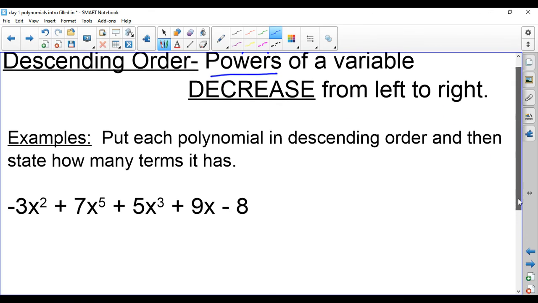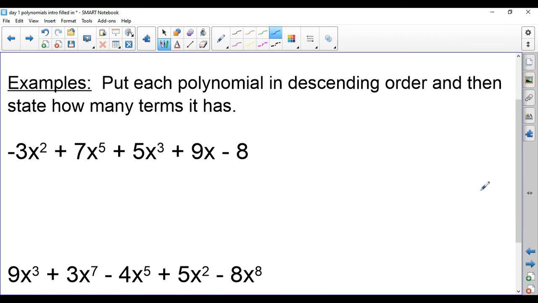So here, if we want to write each polynomial in descending order and then also state how many terms it has, we have to go and find the term with the highest exponent and write that first. So my highest exponent is 5. Then I go looking, is there any term with an x to the fourth? No. Now I have a 5x cubed. My next term is going to be this x squared term.